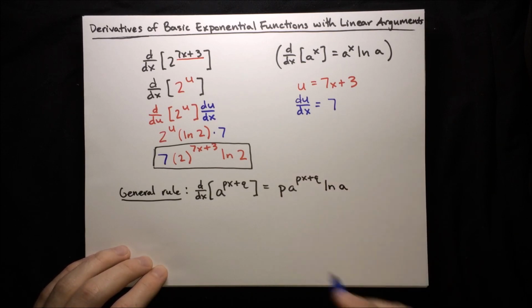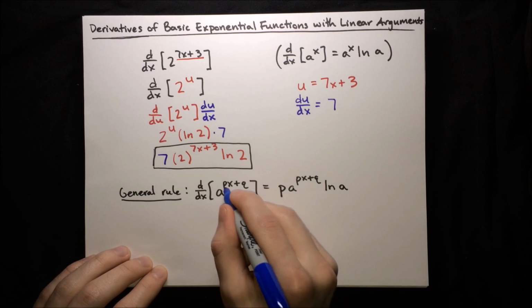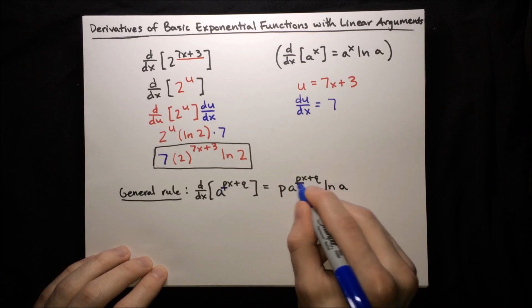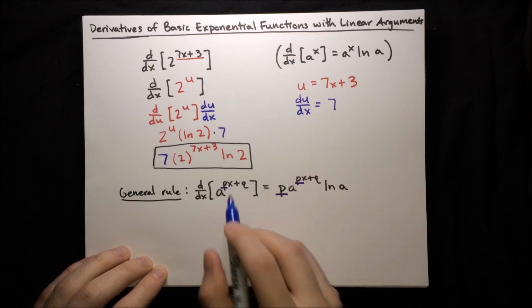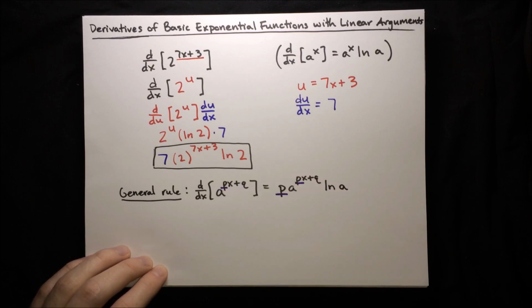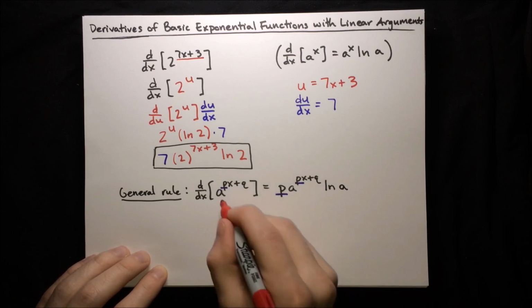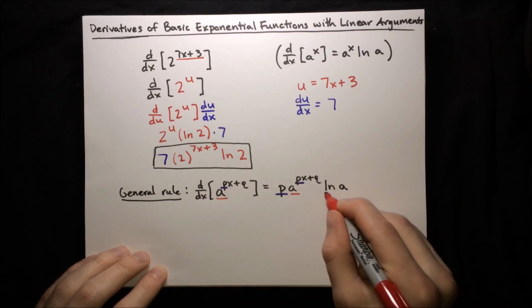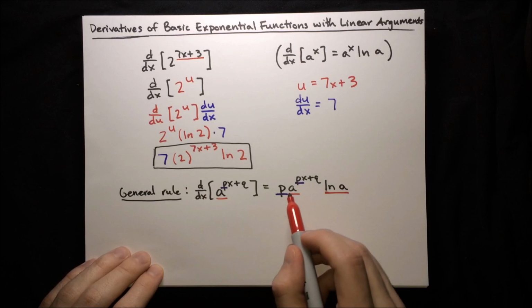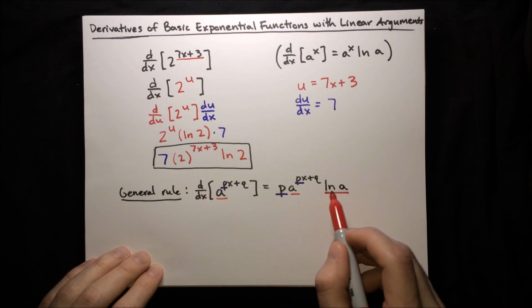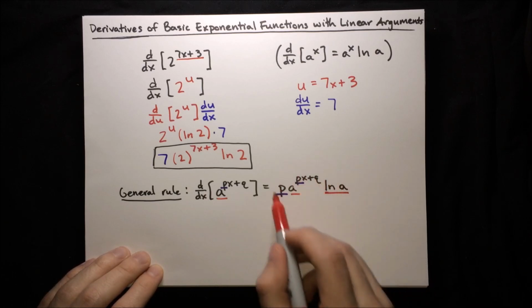So this is kind of similar to the general rule from before. The p, the coefficient on the x, hops out in front of the a. It multiplies the original expression. But now we've got a natural log of a at the end here. And you can make sense of the previous general rule because when a is equal to e, then the natural log just comes out to 1, and we've got the same rule as before.